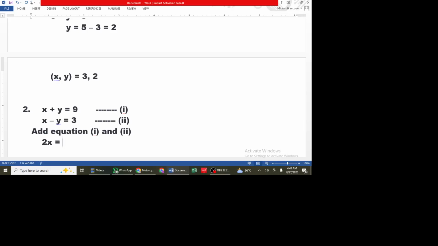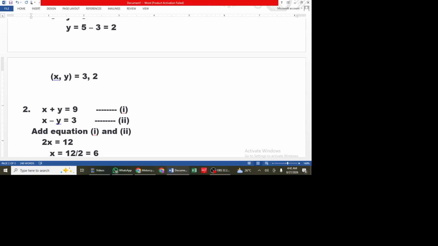The other side, 9 plus 3 will give us 12. Then you divide both sides by 2, that is the coefficient of x. Then x will be equal to 12 divided by 2, and 12 divided by 2 will give us 6. The value of x is 6.